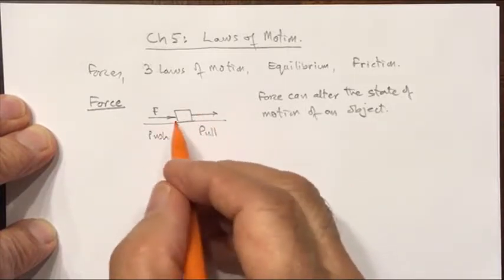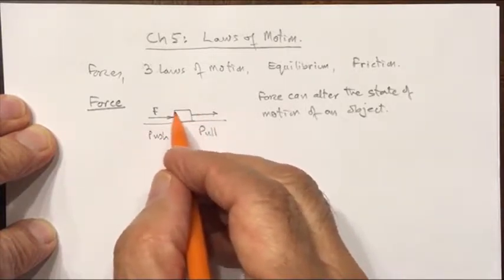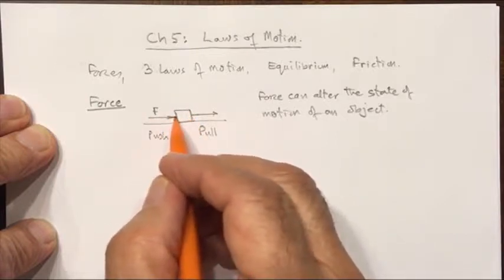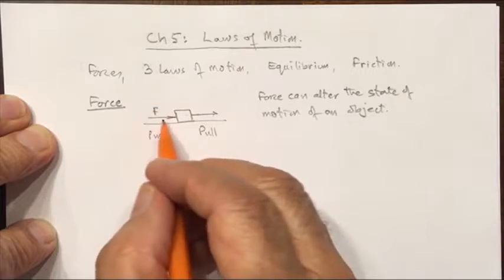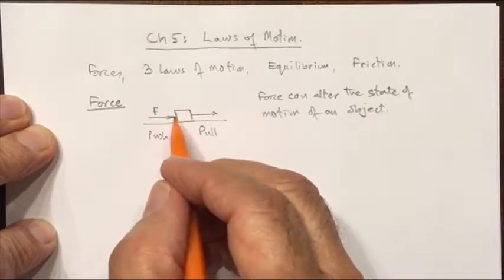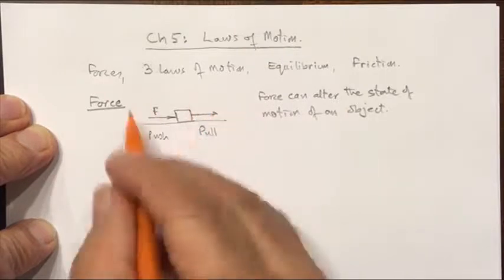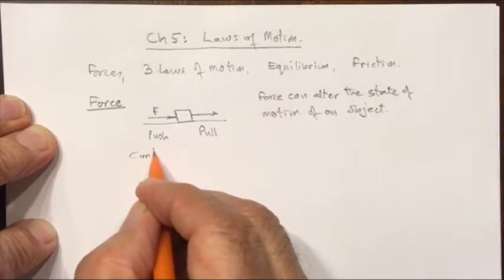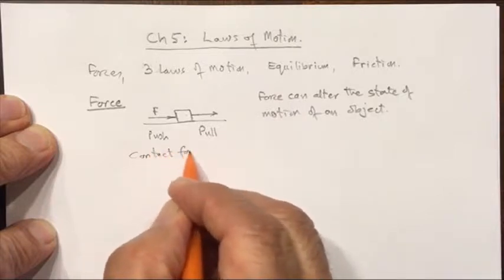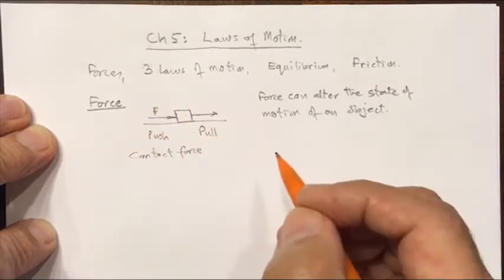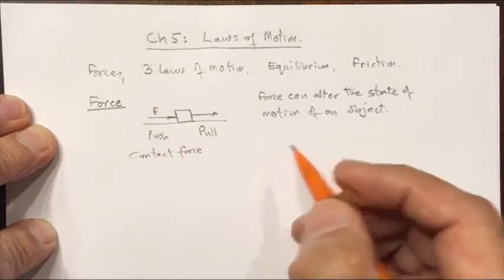Whoever is causing the force, the person who's pushing it, is physically touching the table, or maybe tying a rope and then pulling the table. So these kinds of forces are called contact forces, where the agent applying the force is in physical contact.